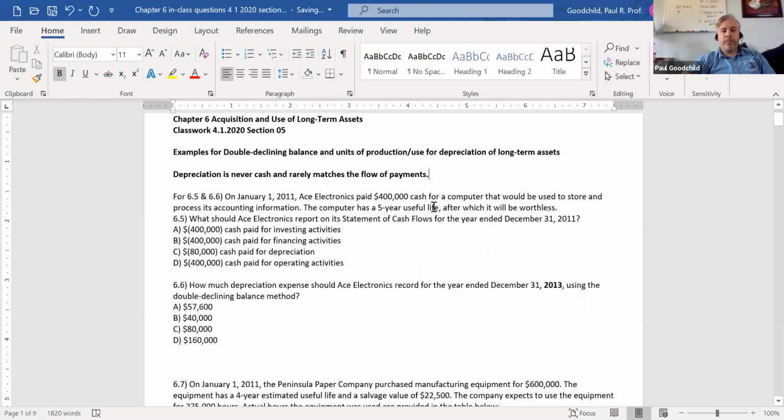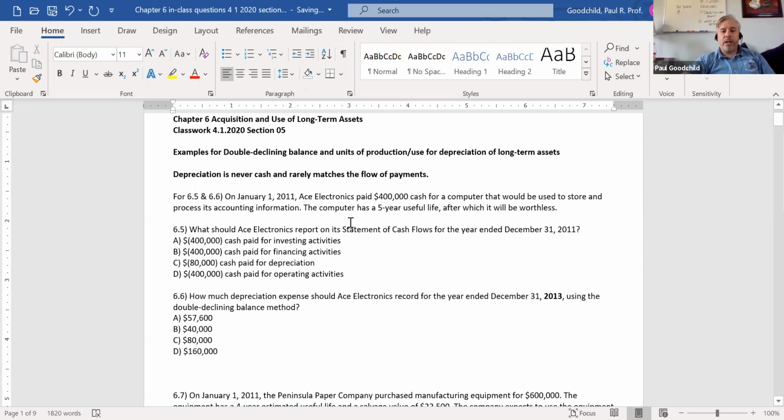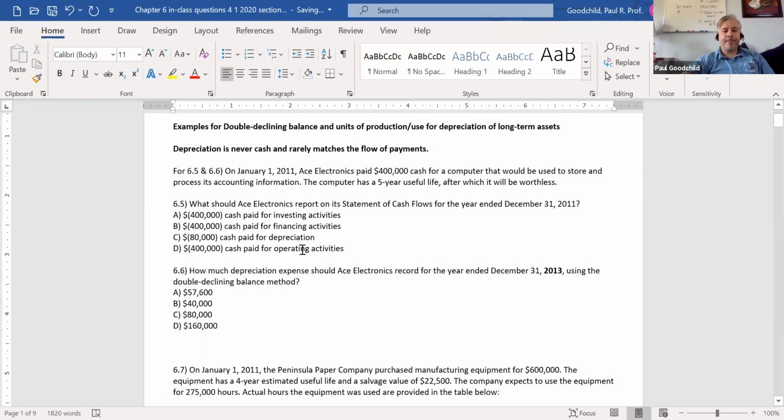So the company paid $400,000 cash for a computer, has a 5-year useful life, after which it'll be worthless. So 0 salvage value. And they're asking, what should Ace Electronics report on the statement of cash flows for December 31st, 2011?